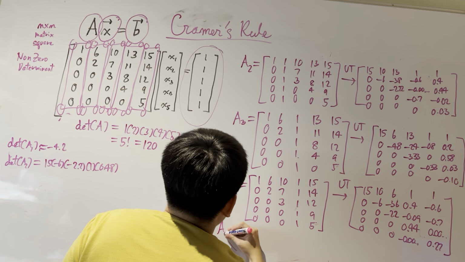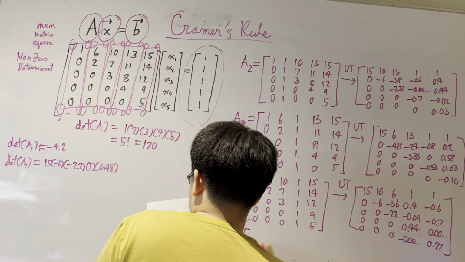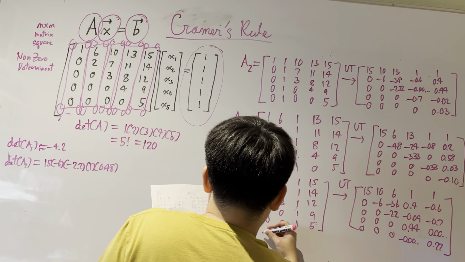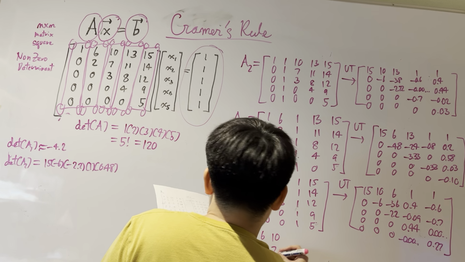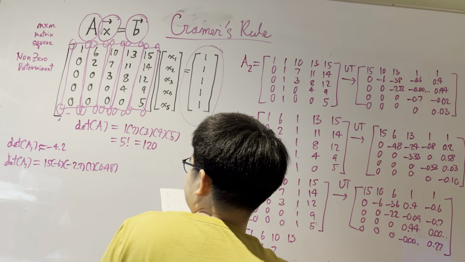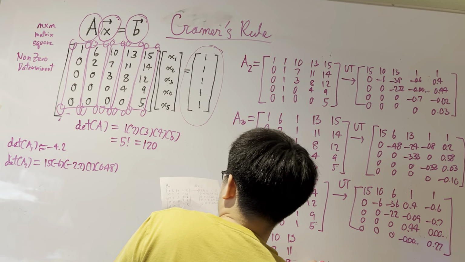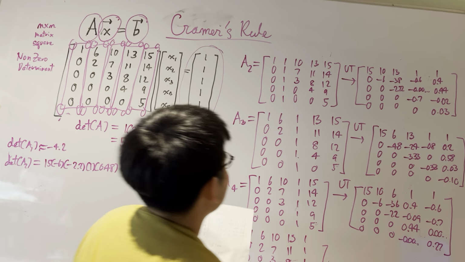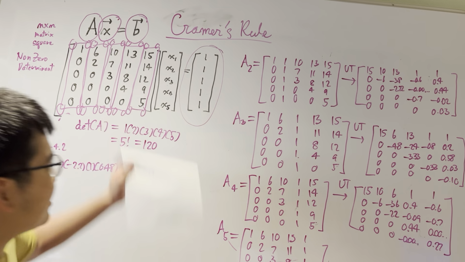And then A5 is already an upper triangular matrix, so we don't need an extra transformation here. So A5 would be 1, 0, 0, 0, 0, 6, 2, 0, 0, 0, 10, 7, 3, 0, 0, 13, 11, 11, 8, 4, 0, 1, 1, 1, 1, 1. So the 1, 1, 1, 1, 1 output vector decides to crash all these guys out of the way.